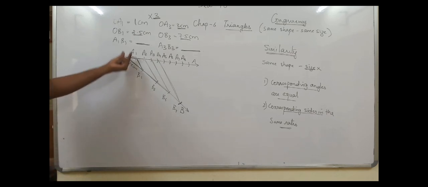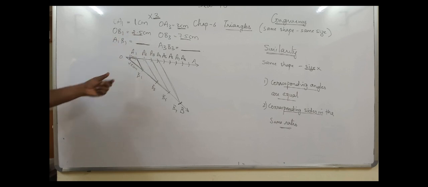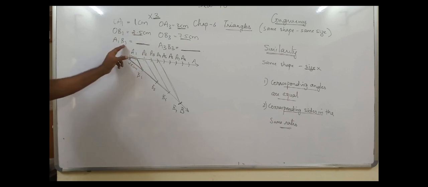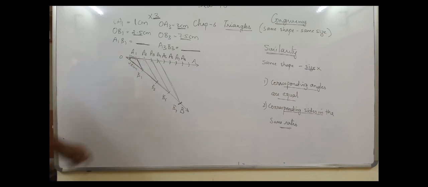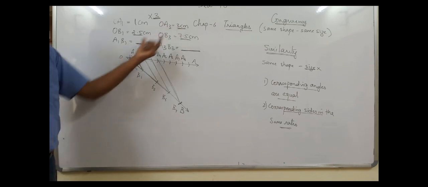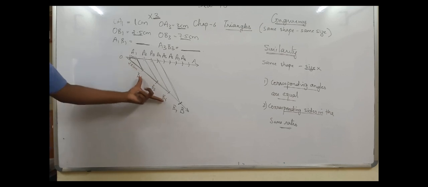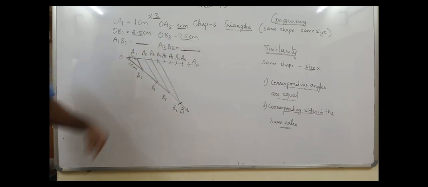So I have got OA1 1 centimeter, OB1 2.5 centimeter, and A1B1 I have to measure. I have no idea what I got. You have to measure and see. Same way OA3 I noticed 3 centimeter, OB3 is 7.5 centimeter, and A3B3 you have to measure.